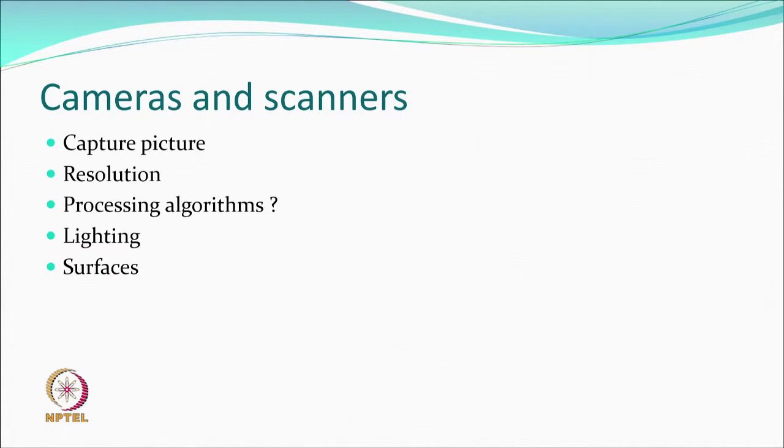So, surfaces can also make differences, and therefore whatever cameras or scanners capture would depend on many things. So, you can have differences. If there are differences, the digital information is different, and therefore the final output also will be different.